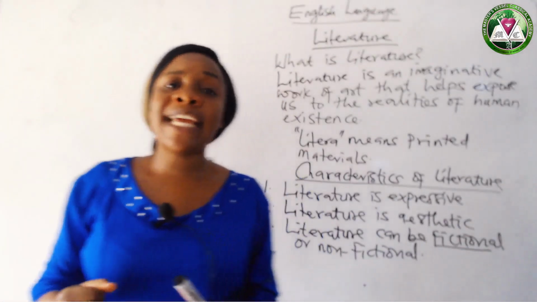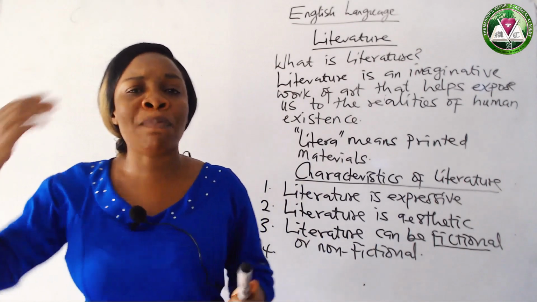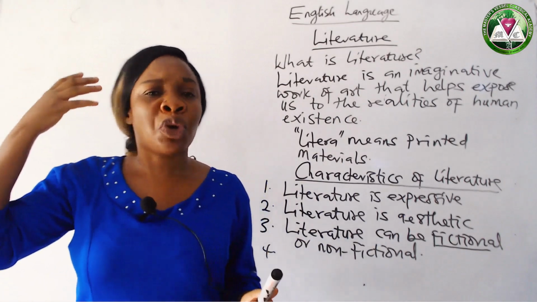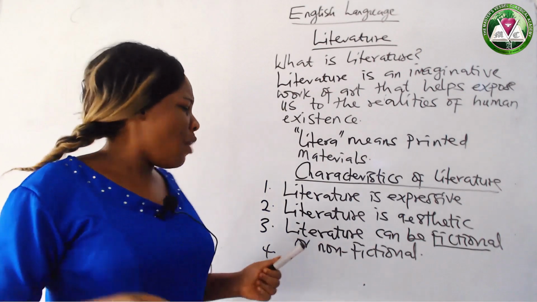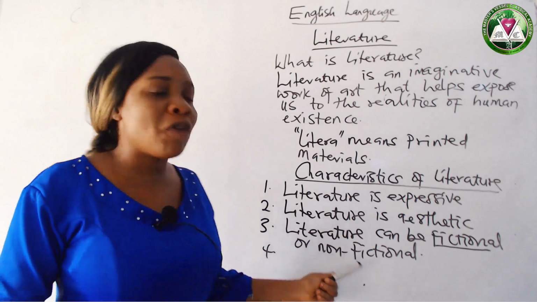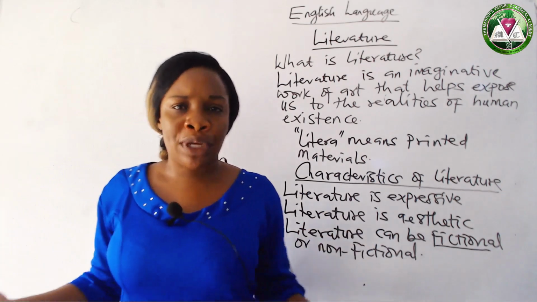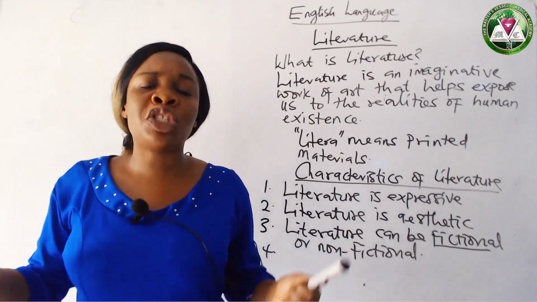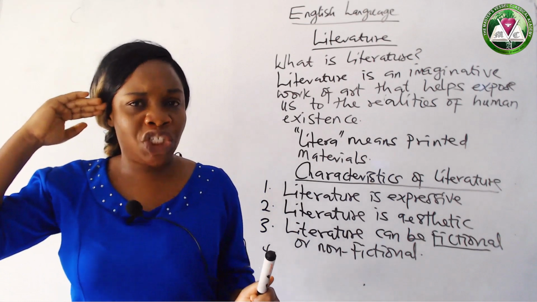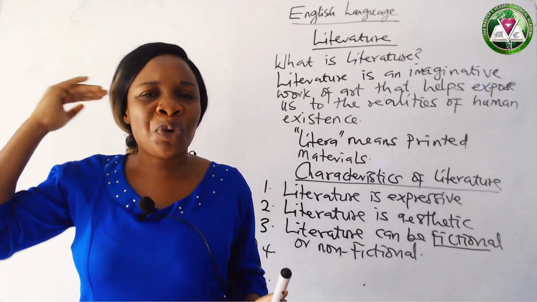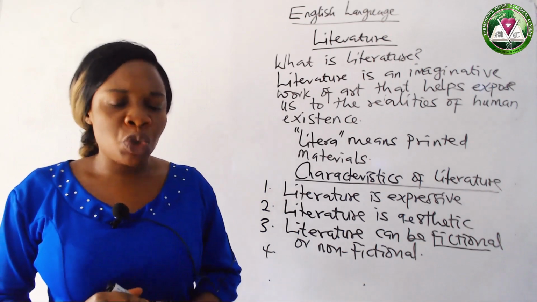Now, when you say that literature is fictional, that means that literature comes from the imaginative creation, from your imaginative creation. And then when you say that literature is not fictional, that means it deals with real life stories, stories that are true, not stories that come from your imagination, not stories that you created from your mind. I hope that is understood.